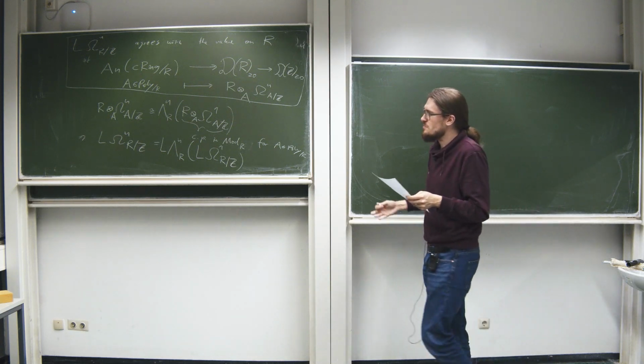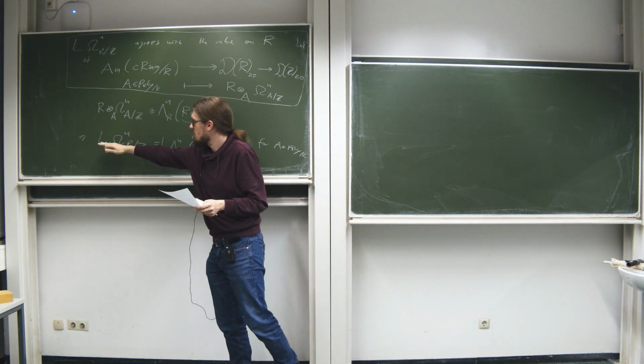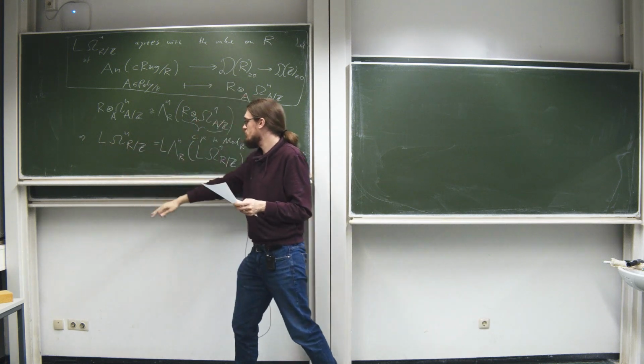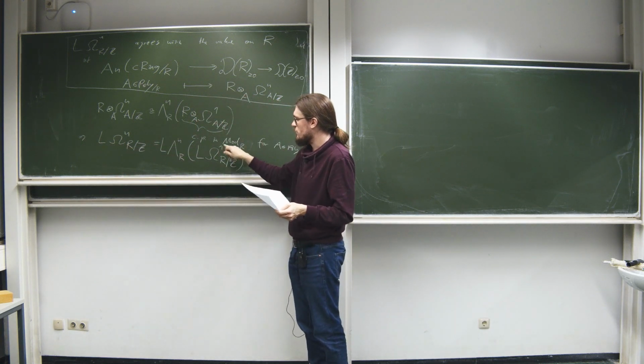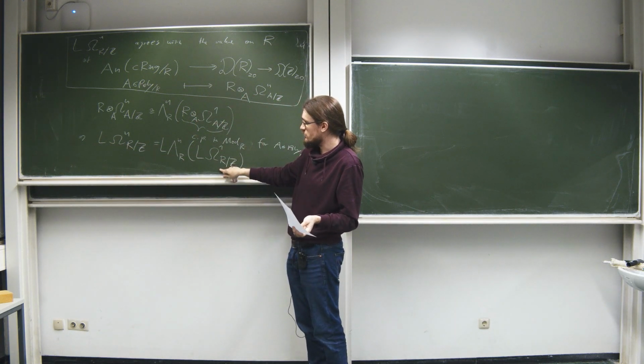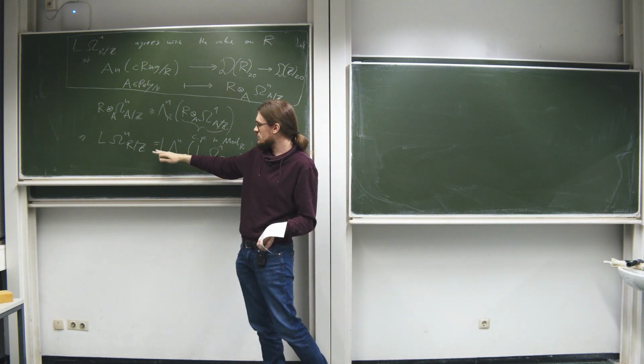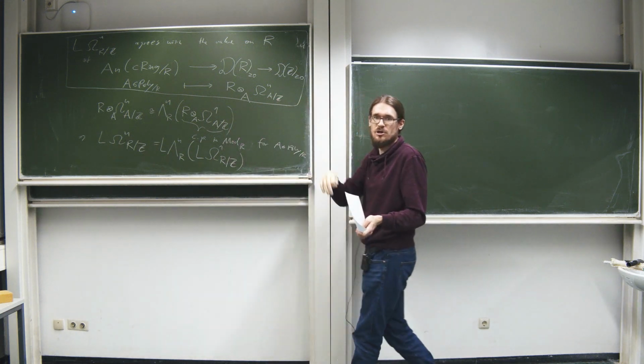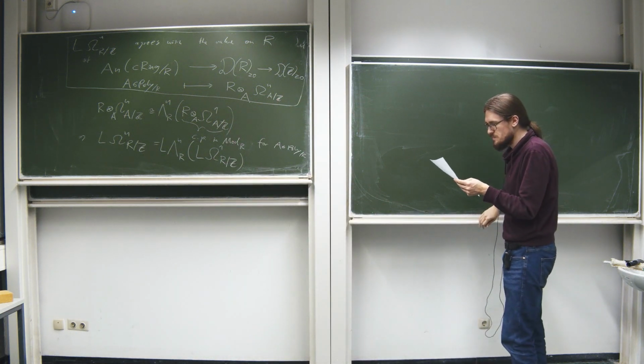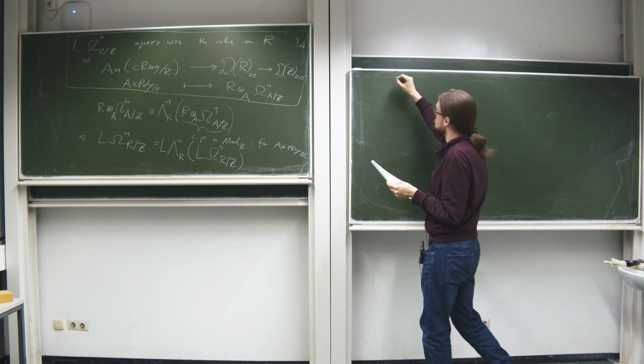So now what should our condition be for this to be concentrated in degree 0? Well, we definitely want it for n equals 1 to be concentrated in degree 0. And then we also want somehow this to not have any higher homology groups when we apply it. And here's a proposition.